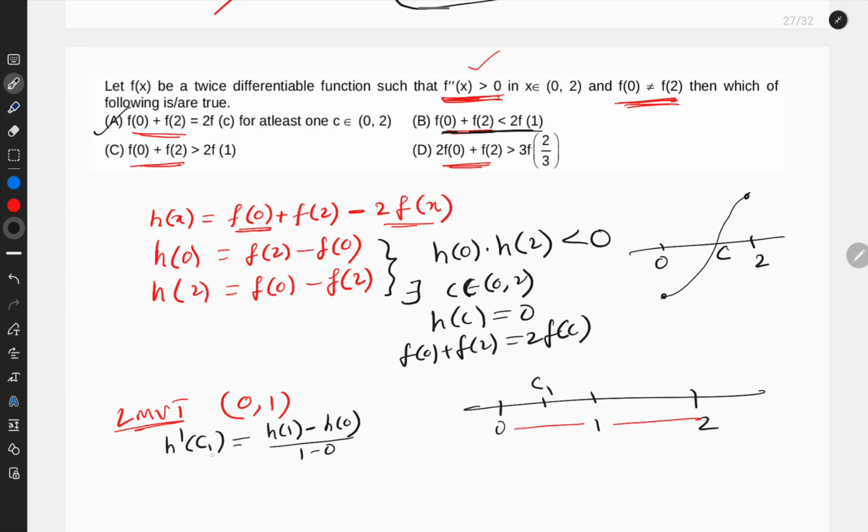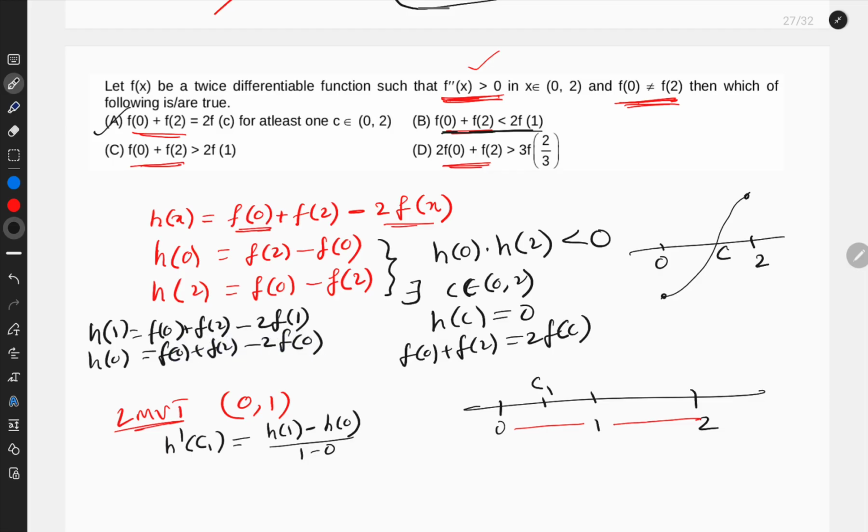So h of 1 minus h of 0, what is h of 1? f of 0 plus f of 2 minus 2 f of 1, and h of 0 will be f of 0 plus f of 2 minus 2 f of 0.